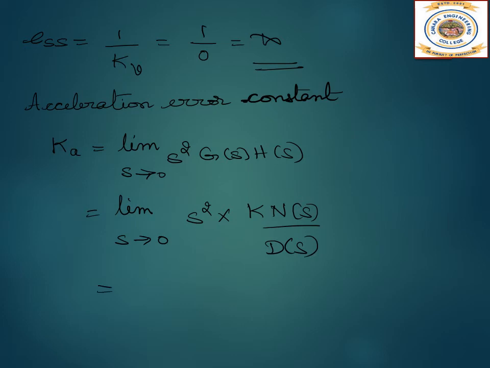Here also we have s square into something, so here also I'll get it as 0 only. So what happens to the steady state error? 1 by Ka, so this also is 1 by 0. We get the steady state error here also as infinity. So for a type 0 system, we get a finite error for a step input and infinite error for both ramp and parabolic input.